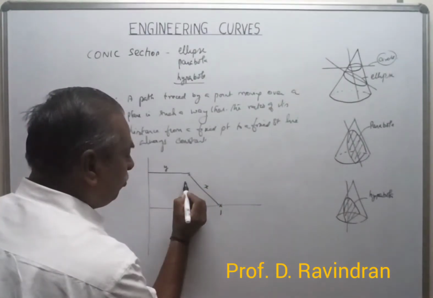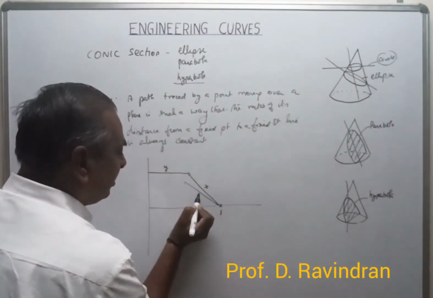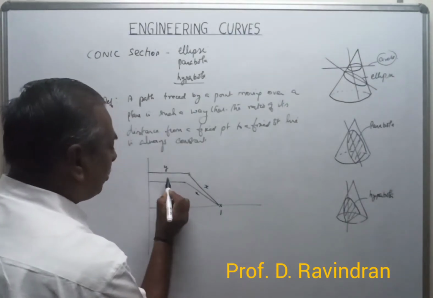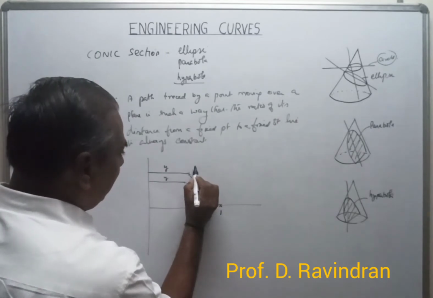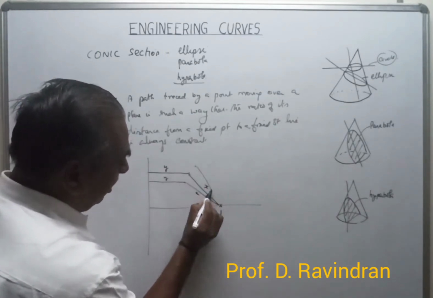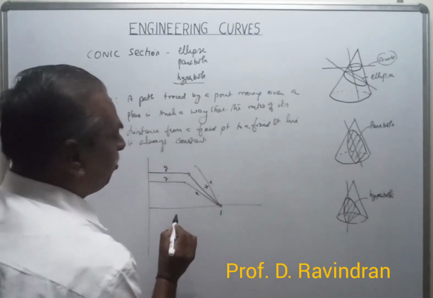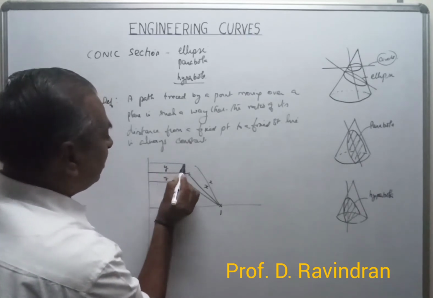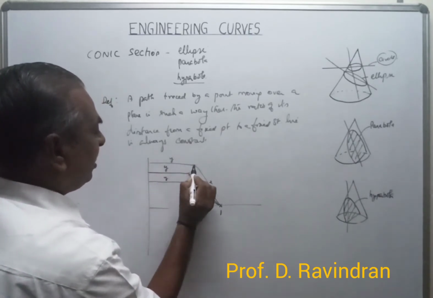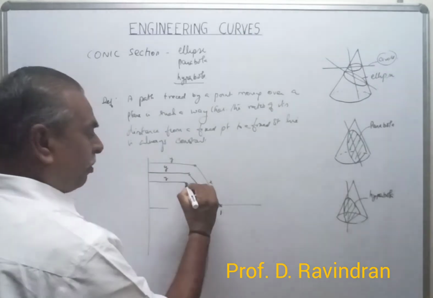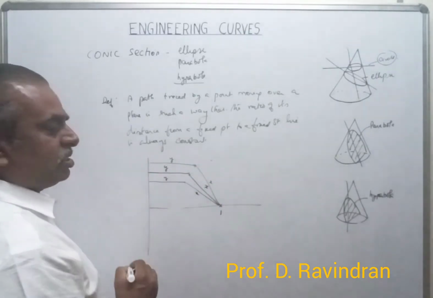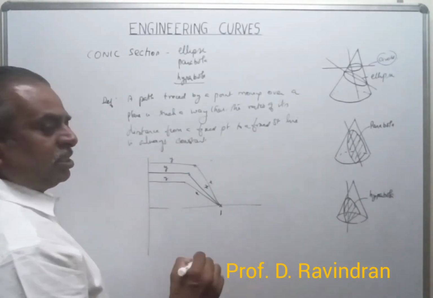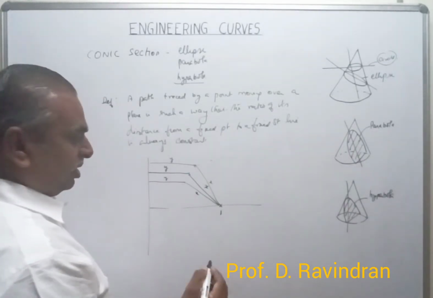Suppose when you just move the point here, x is reduced and y is also reduced, so the x by y ratio is maintained. Similarly, when the point comes here, this is the distance to the fixed point, and this is the distance to the fixed straight line. This is also constant. So, if the point is moving over this plane, keeping this ratio constant, then the curve is called a conic section.